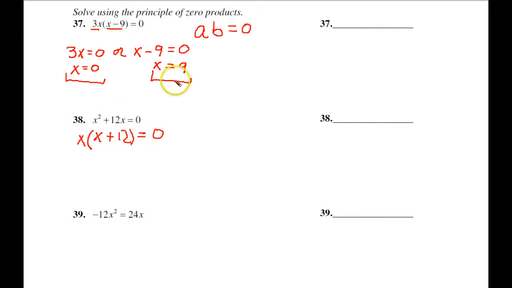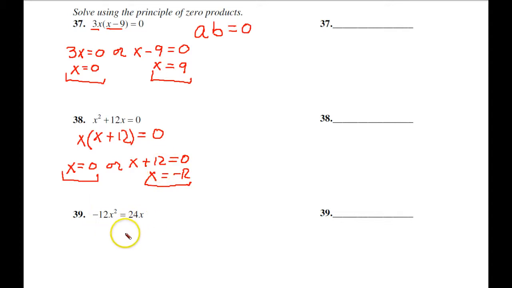Well, we then use that same technique, x equals 0, or, and in your notes I'd like to see this pattern, x plus 12 equals 0. So there's one answer already, x equals 0, and here x equals a negative 12. We just transpose that. And actually, these are our answers. And again, we're using the principle of zero products.